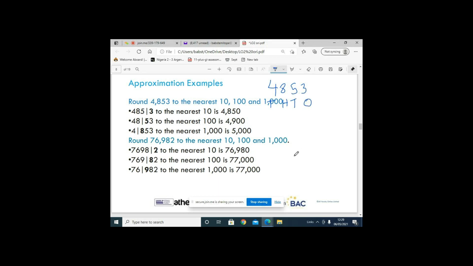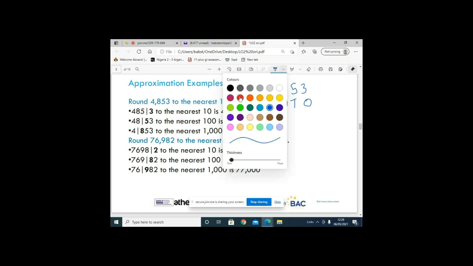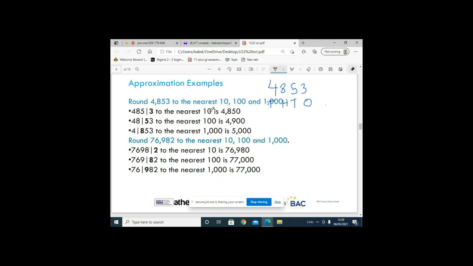Do you understand what I'm trying to say? So look at, for example, if we round to the nearest 10. Look at the 10th value now. Can you see this is the 10th value?